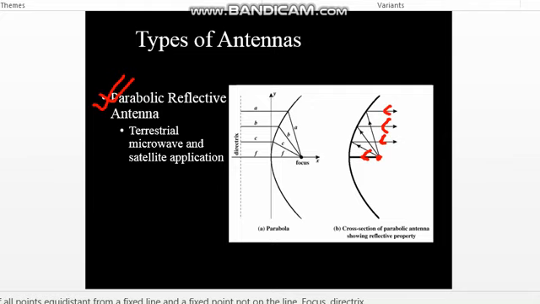If it is not used for reception, it works through its reflective property: at the focal point there is a monopole antenna that radiates in all directions, and all the signals then go out parallel. So it has a greater efficiency than other antennas.